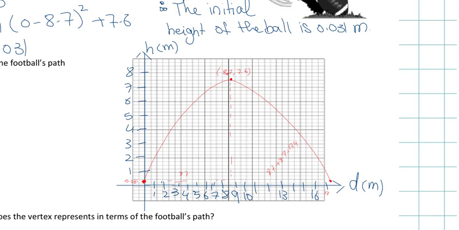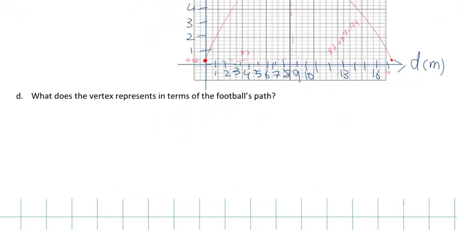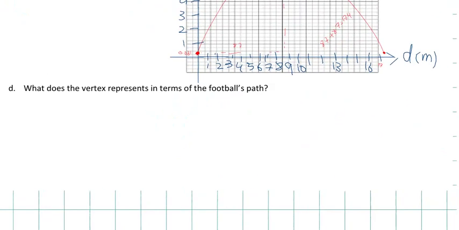What does the vertex represent in terms of the football path? What's the maximum height of the ball? So the maximum height the ball reaches is 7.6 meters. That's the maximum.